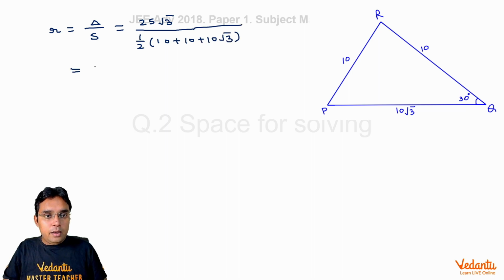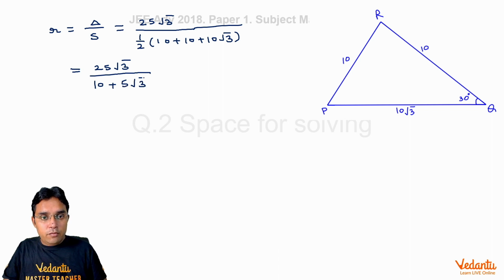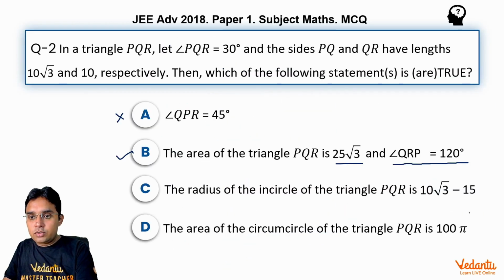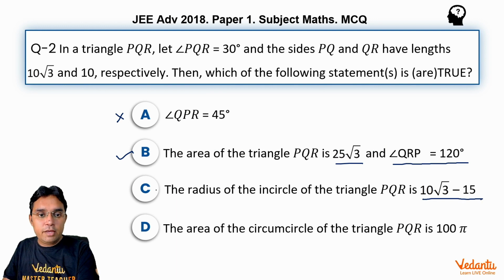So here 25 root 3 and in the denominator we have 10 plus 5 root 3. We can do the rationalization. For this I will be multiplying the numerator by 10 minus 5 root 3. Denominator will become 100 minus 75. So this 25 will get cancelled and this r value will come out to be 10 root 3 minus 15. I think this option C is also correct because 10 root 3 minus 15 is what they have given.